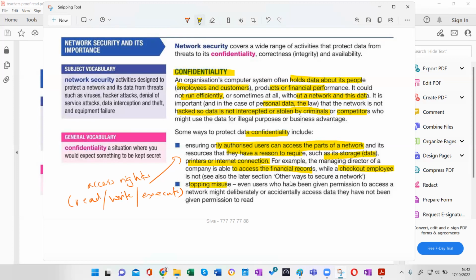Okay. So most of the time, this unauthorized access happens from inside, right? Because they have easy access to the premises, network, server room, right? Now think about our school also, but don't apply that to our school. Even users who have been given permission to access a network might deliberately or accidentally access data, right?